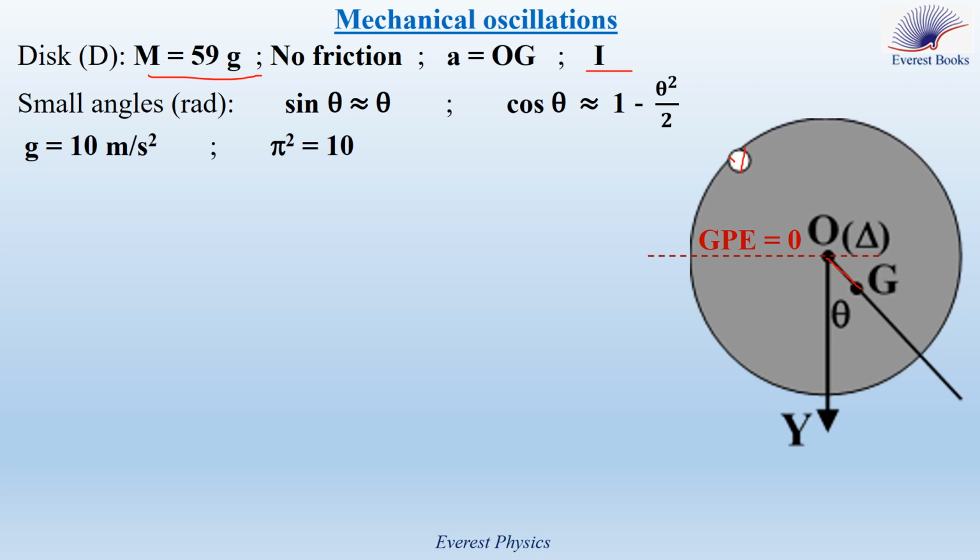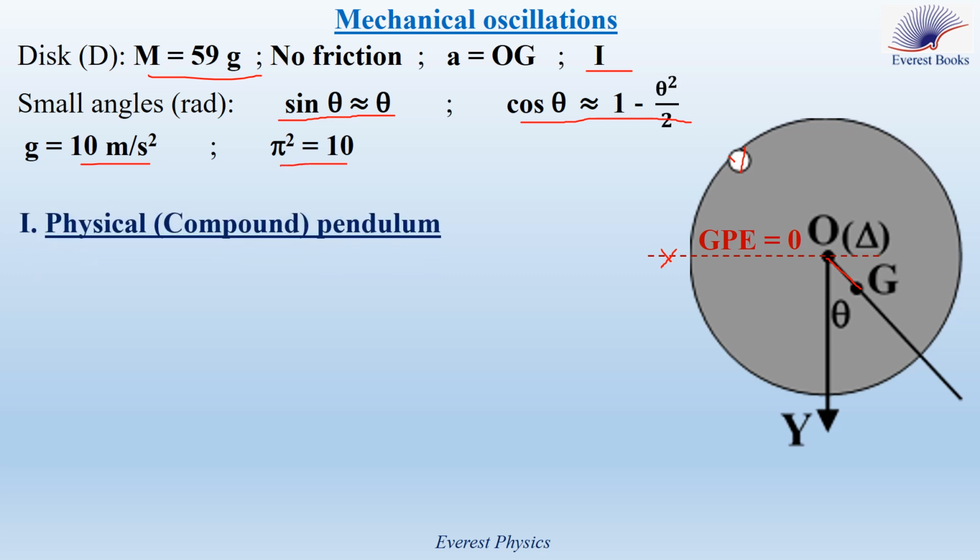The horizontal plane passing through O is taken as a reference level for gravitational potential energy. For small angles in radians, sine theta is approximately theta, and cosine theta is approximately 1 minus theta squared over 2. Take g equal 10 meters per second squared and pi squared equal 10.